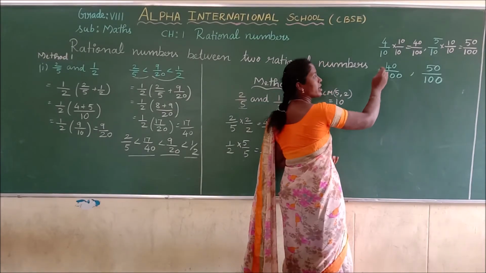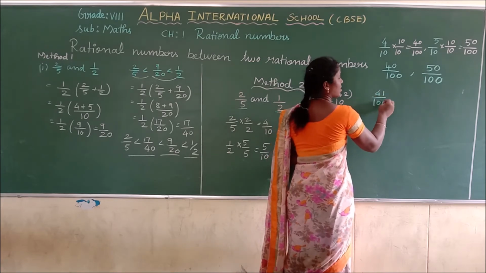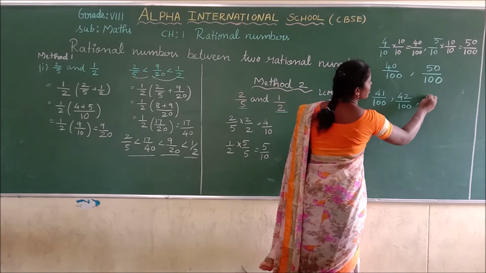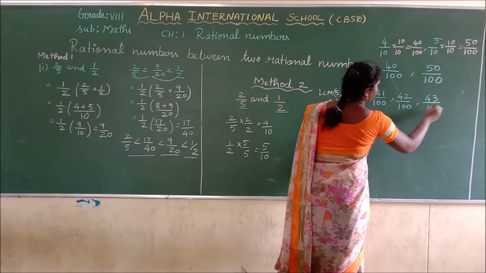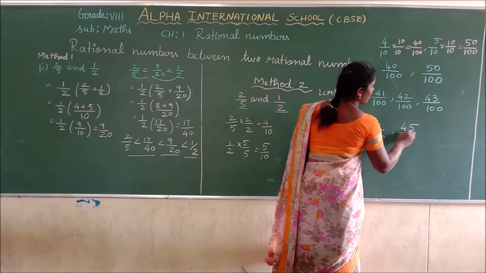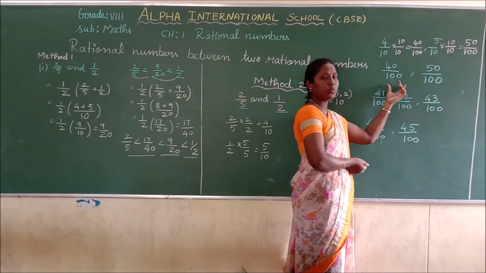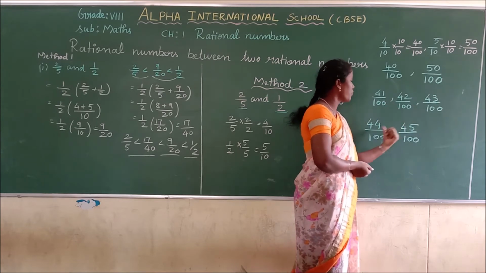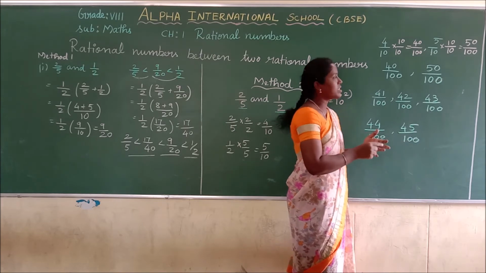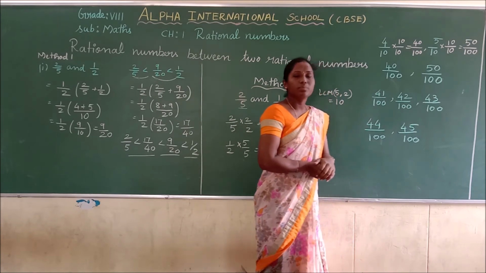After 40, we get 41 by 100, then 42 by 100, 43 by 100, 44 by 100, and 45 by 100. So using method 2 we fixed the range and identified 5 rational numbers between them. Not only this, after 45 we can take 46, 47, 48, 49, and so on. Many rational numbers can be identified using method 2.